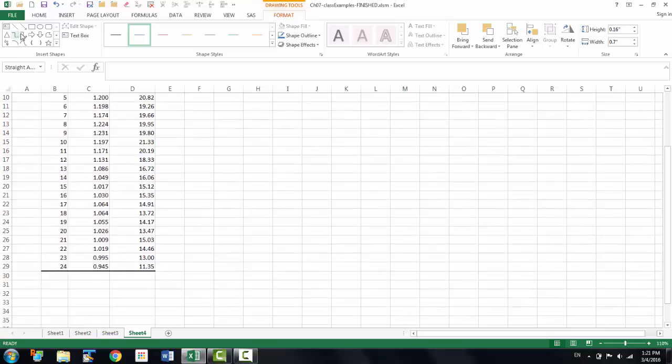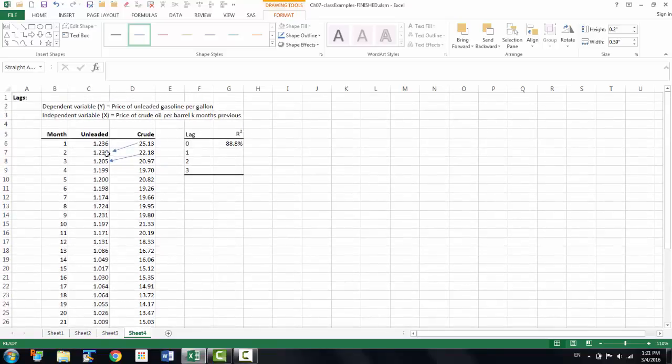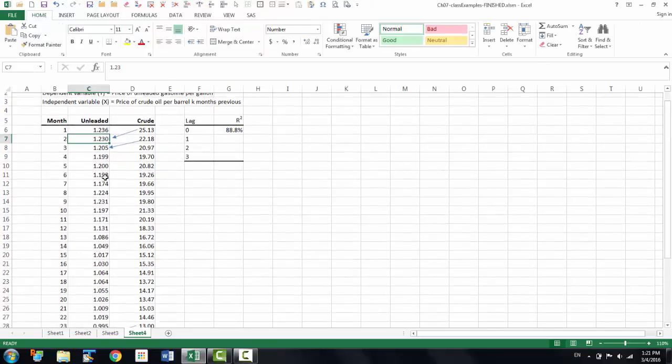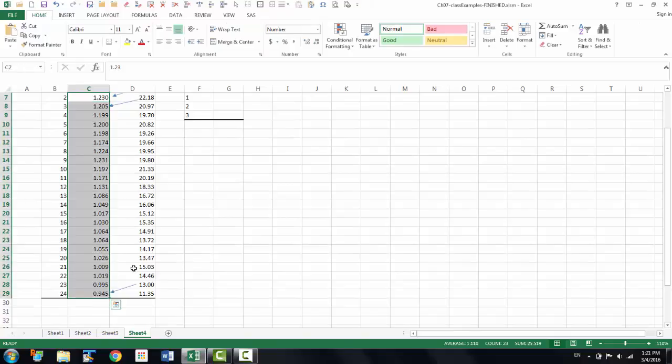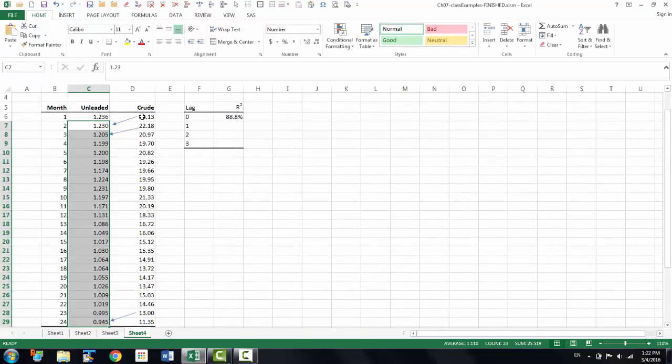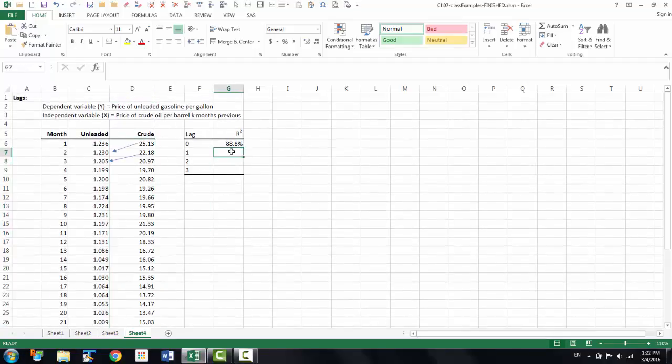At the end, it will be that price with this. So when you do a lag of 1, you're going to lose 1 period worth of data, which means your Y range is going to be this, and the X range is going to be that. So there will be a 1 month lag.